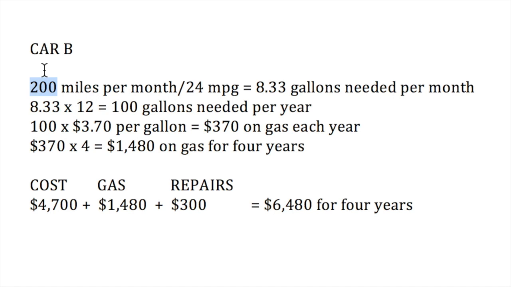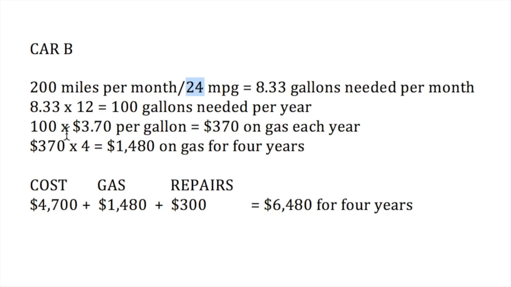That doesn't change from car to car, but let's divide it by the miles per gallon he gets, which is 24. 200 divided by 24 comes to 8.33 gallons every month he'll need to get to and from work. If you multiply the monthly gas, 8.33, by 12, he'll need 100 gallons each year.